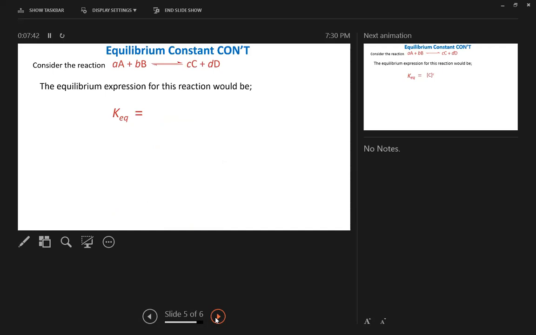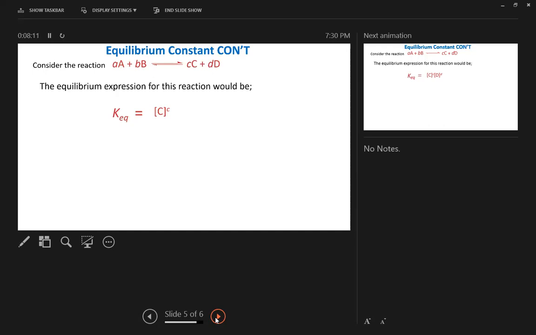Remember we said the equilibrium constant is related to the rate constant of the reaction. So what is the rate constant if we need to express this? The rate is equal to K multiplied by the concentration of the reactant.